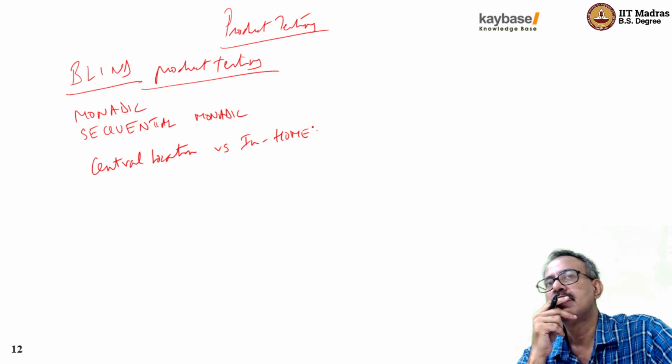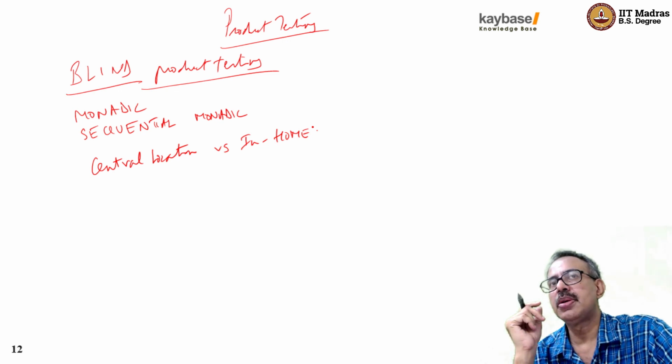If this product testing is happening, like if we are sending the customers our products for testing, it will be like in-home testing. Very good. And you ask some children to come here, and that's called central location.